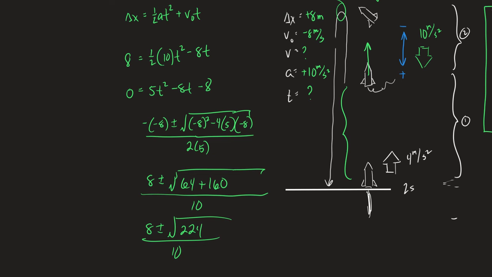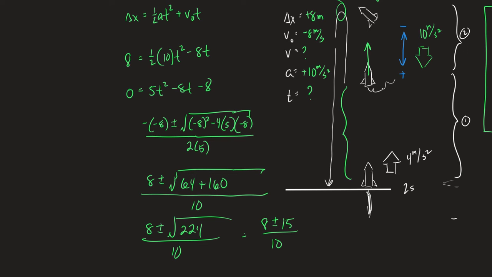Now, 224 is really close to 225, so this has got to be 15, or really close to 15. It's good enough for me. Yeah, 14.996, that seems like 15. So 8 plus or minus 15 over 10. Clearly, I'm going to throw out the one that's 8 minus 15.